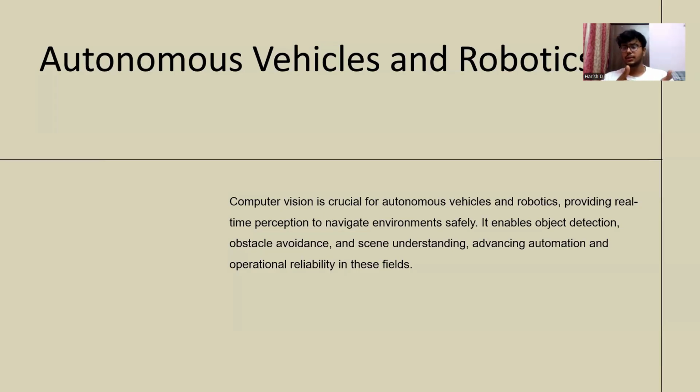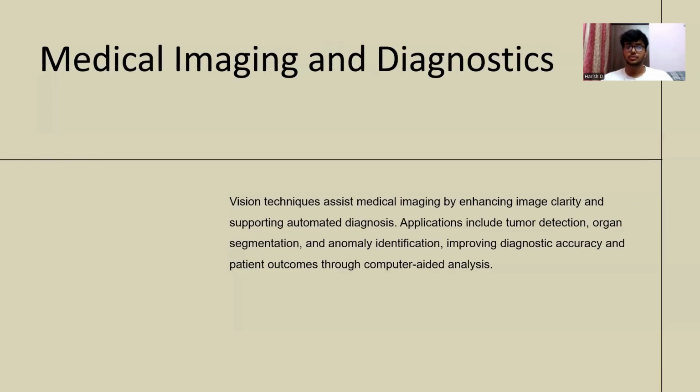So computer vision is used for drowsiness detection, fleet check detection, reverse parking detection, etc. Basically, it's crucial for real-time perception to navigate environments safely, and it enables object detection, obstacle avoidance, and scene understanding, ensuring automation and operational reliability in these fields.